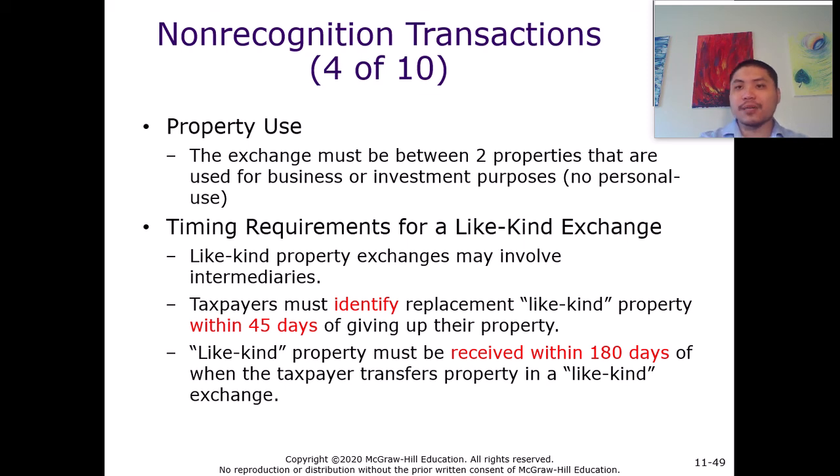It's just exchanging a piece of land for another piece of land. Because of that, the economic position of the taxpayers should not change. Also, the taxpayers may not have the cash to even pay the tax, because there's no cash involved.